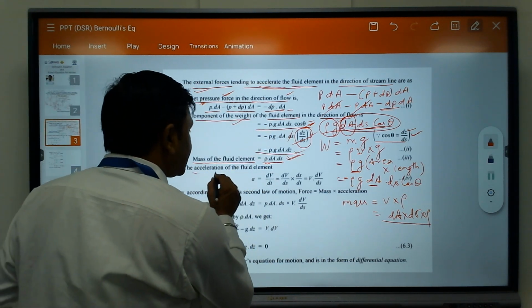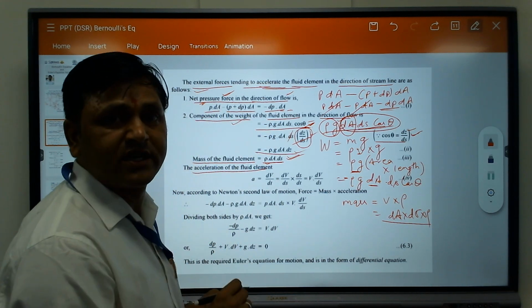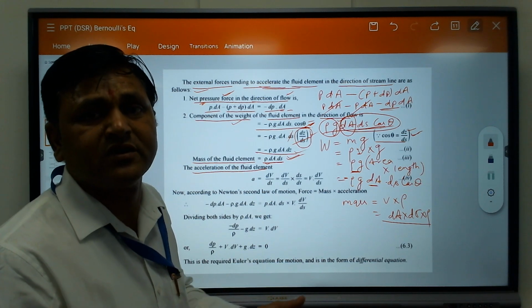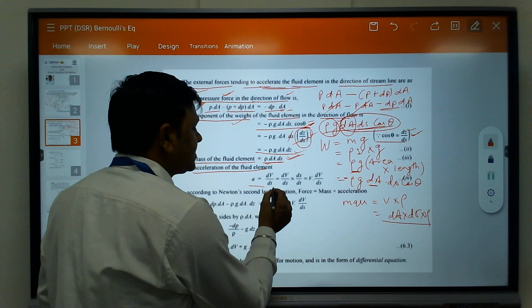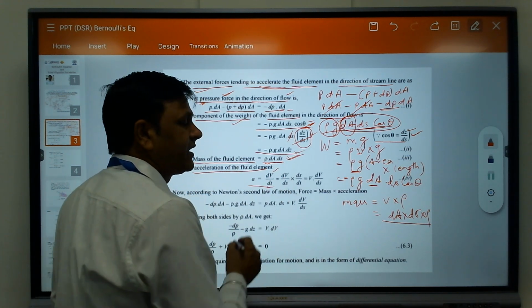Now the acceleration of the fluid element. What is the acceleration? We all know acceleration is the change in velocity per unit time.